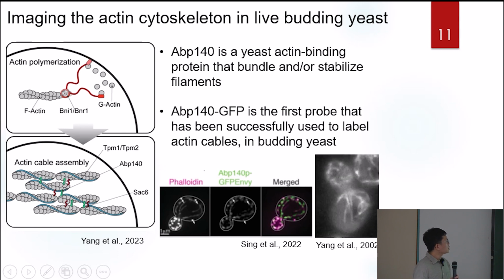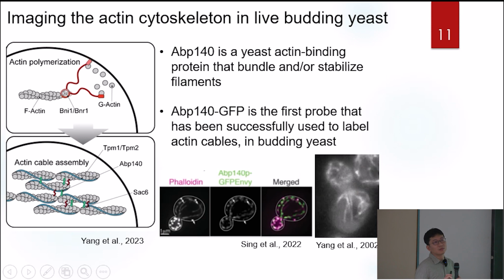So ABP140 is one of the proteins for actin cable assembly. So we can fuse a fluorescent protein to ABP140, and then it can perfectly show the actin filament without affecting their dynamics. This was first found in 2002, and this is from my postdoc lab.